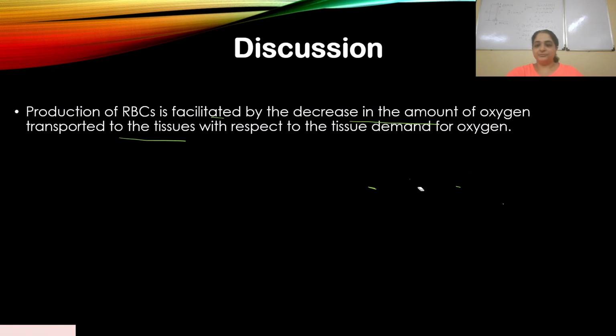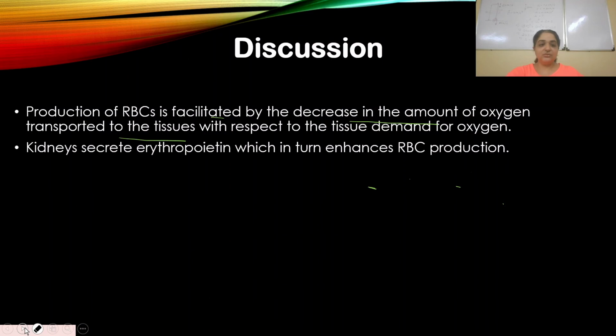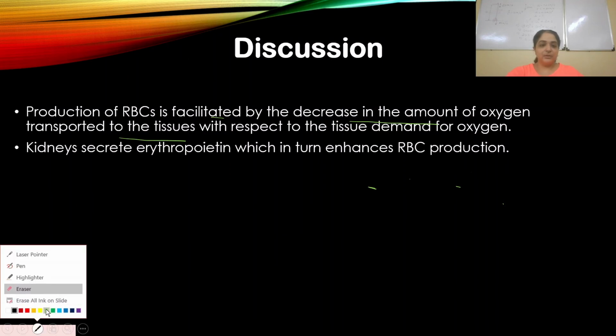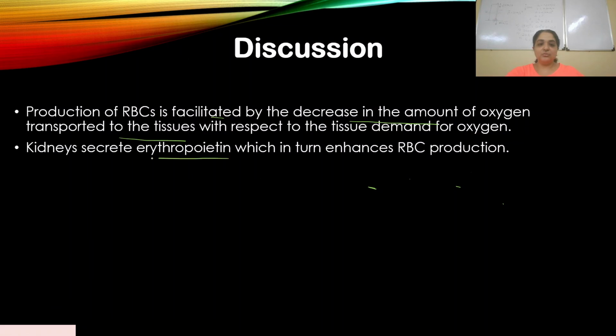Next, kidneys also secrete erythropoietin, which in turn enhances RBC production. So the red bone marrow plus the kidneys participate. Kidneys are also triggering the red bone marrow.